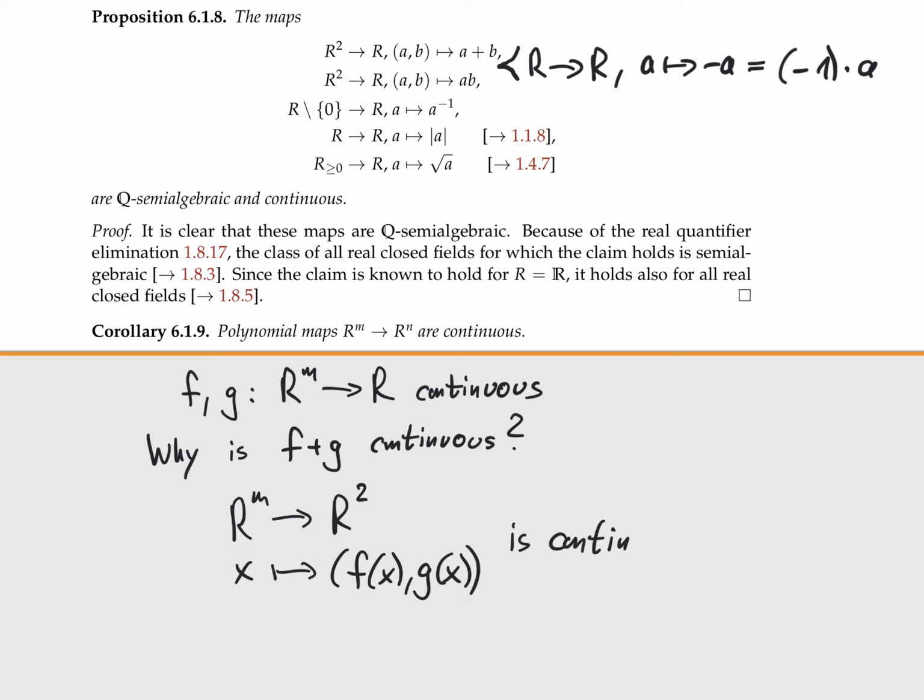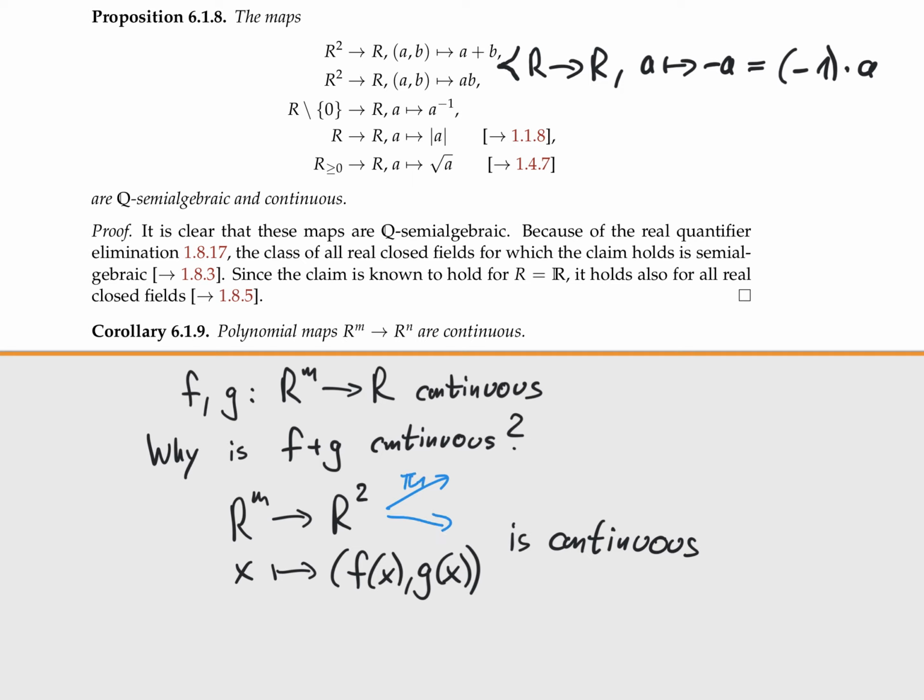And then I can compose it with the addition map, and compositions of continuous maps are continuous. So I show that this is continuous. But this R^2 here is equipped with the product topology again, so in order to check continuity, I look at the composite maps.